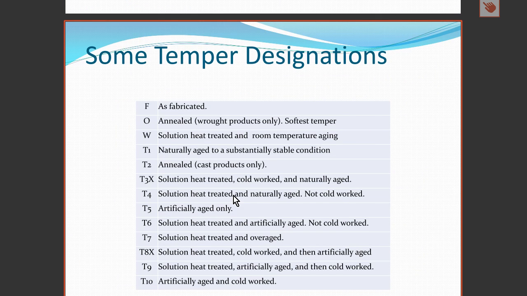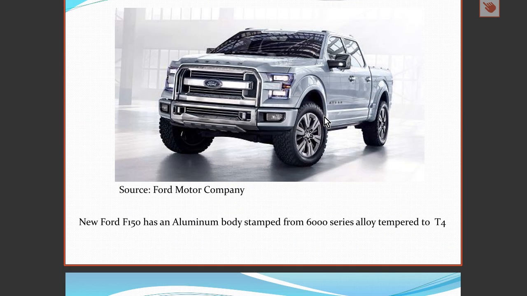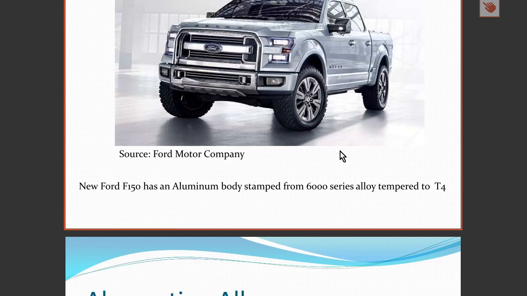So it's been solution heat treated and then naturally aged. So simply the matter of allowing it to cool from the solution heating temperature has allowed the precipitates to form, and it's not supplied in a cold work condition. It, of course, will undergo cold work when it's stamped.